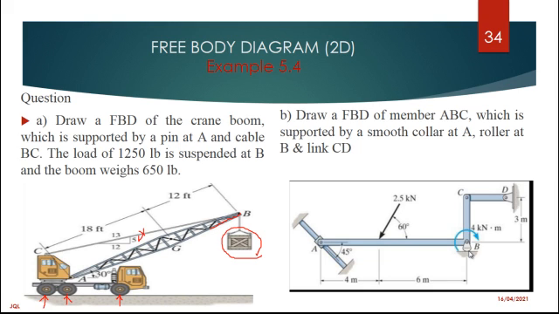Since I'll be given the load of 1,250 pounds, it will be easier for me to start my analysis with this point, because at least I have one known parameter.